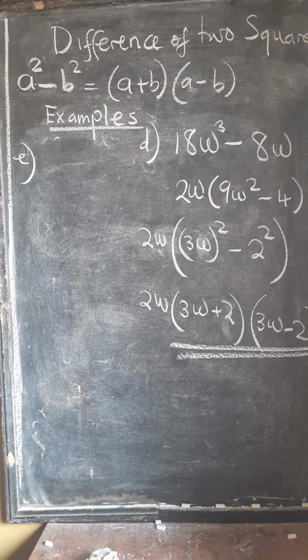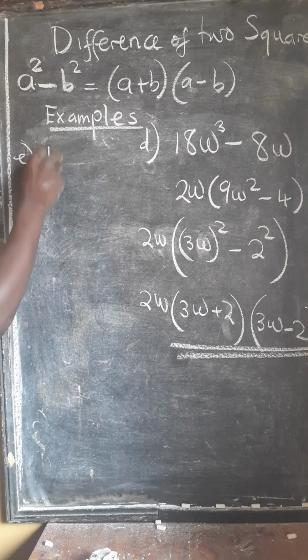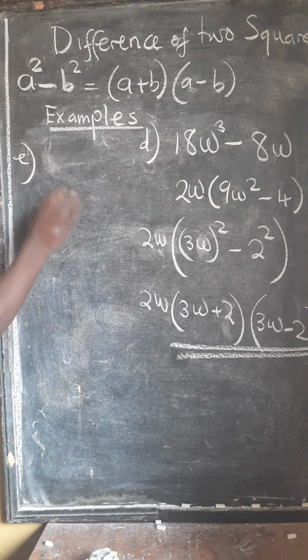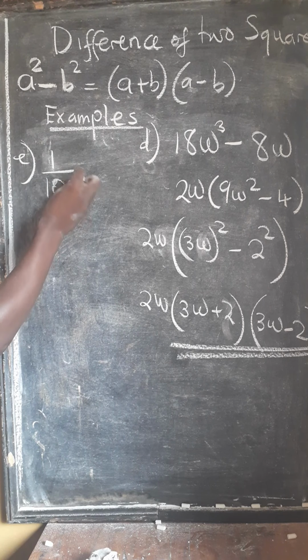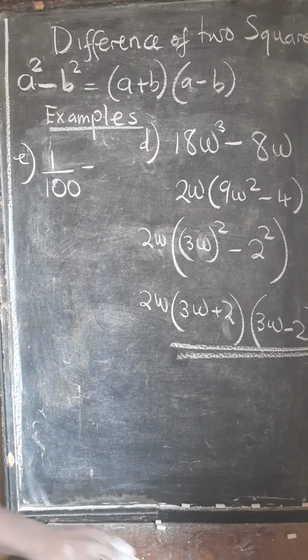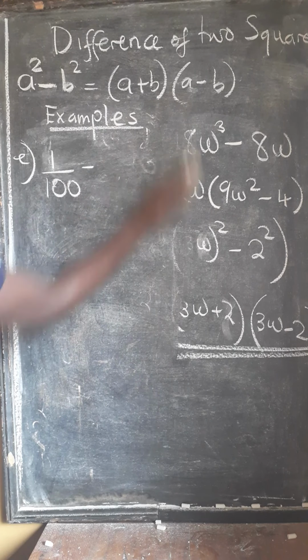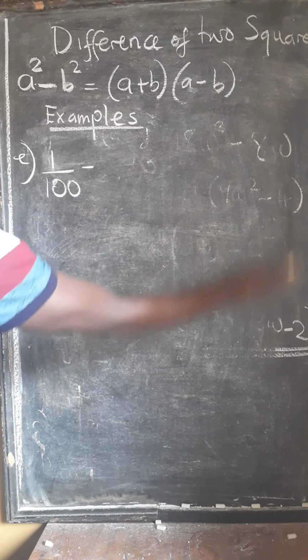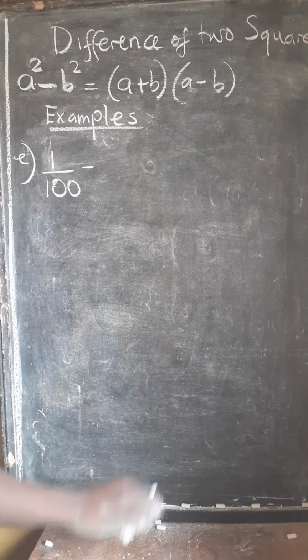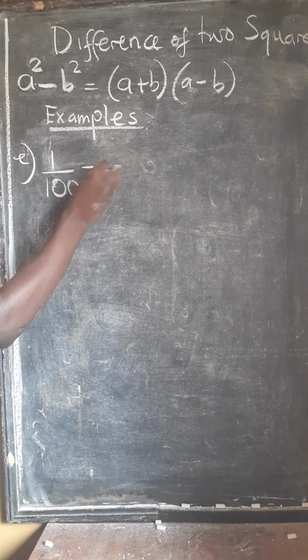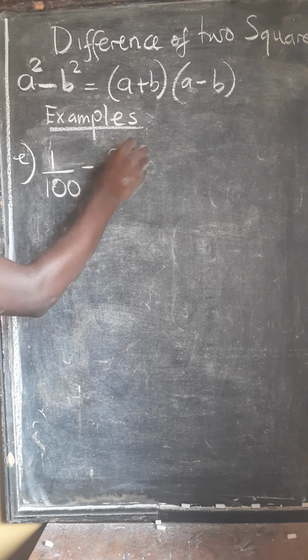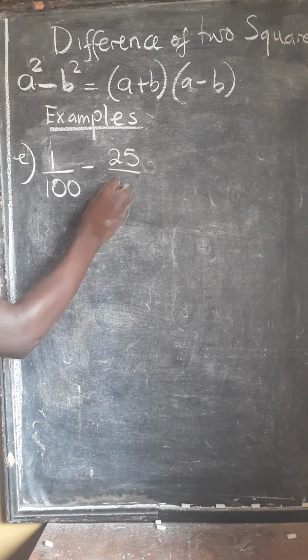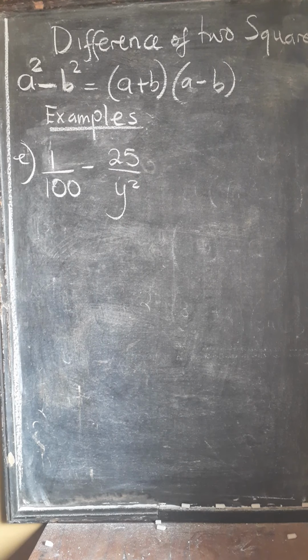So we can have something like 1 over 100 minus 25 over y squared. Okay? Minus y squared.